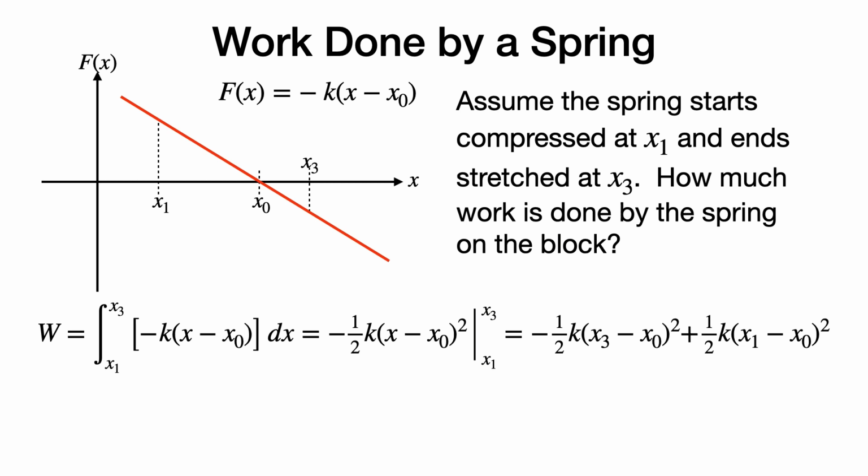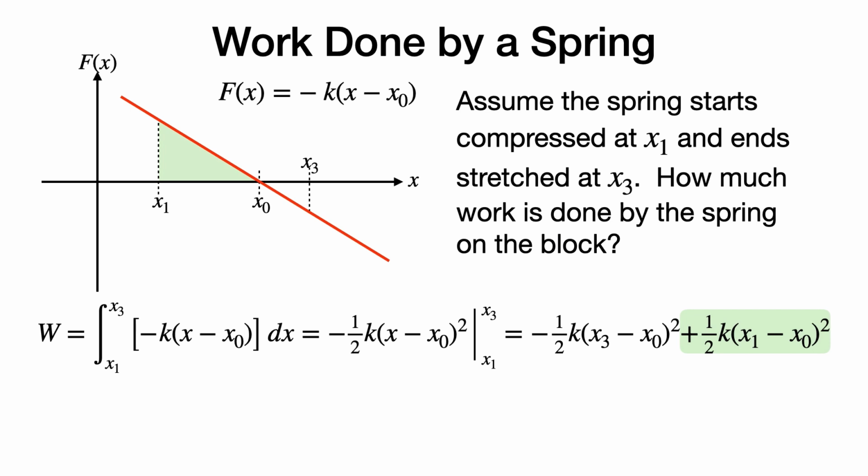Now, if you don't know integral calculus yet, that's okay. We can also evaluate this in terms of the area under the curve. So if we look at this, the work done between x1 and x naught is the area under the curve, which is going to be 1/2 of the rectangle which has width of x1 minus x naught, and a height of the force, which is minus k times x minus x naught.